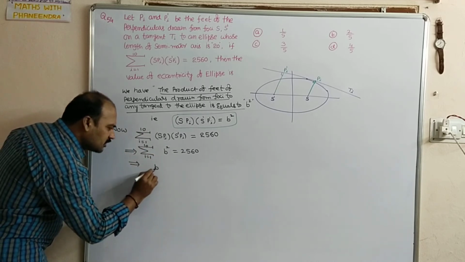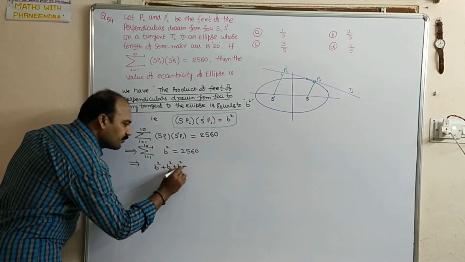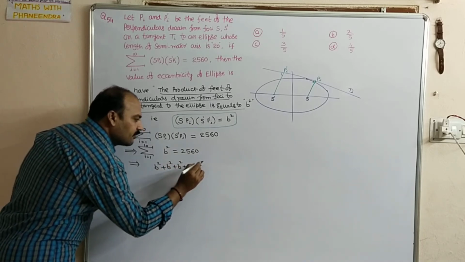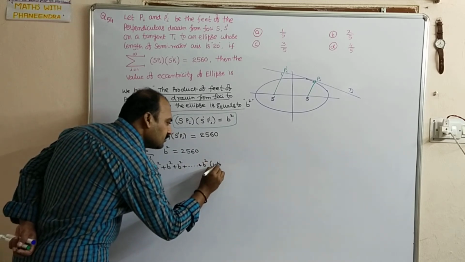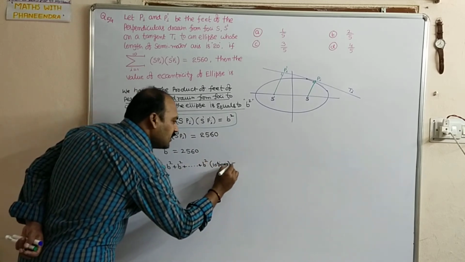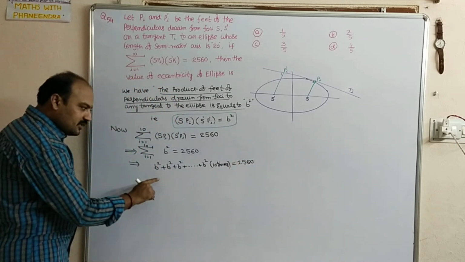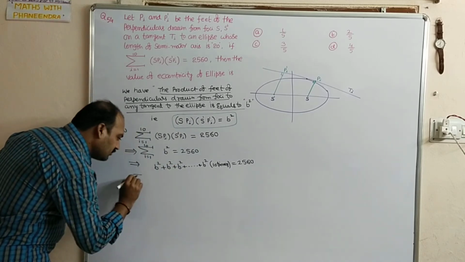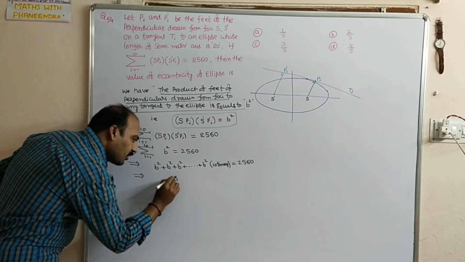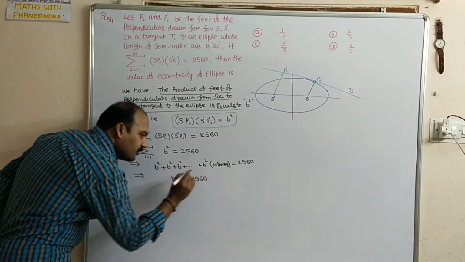So b squared plus b squared and so on 10 times is equal to 2560, which means 10b squared is equal to 2560.